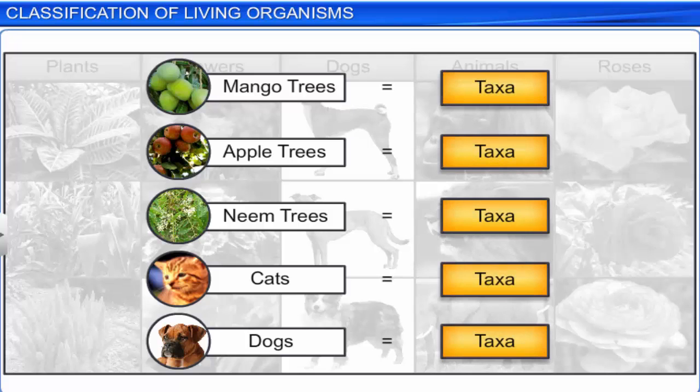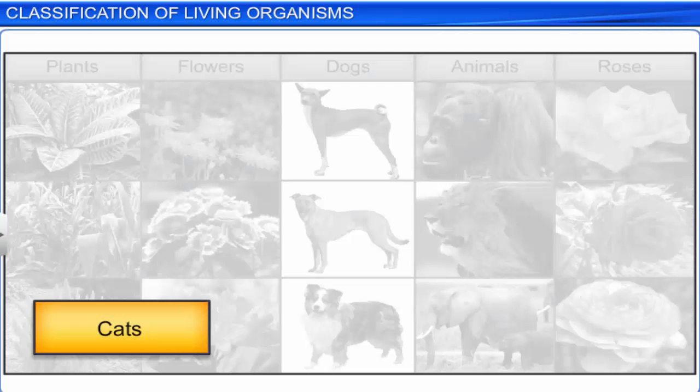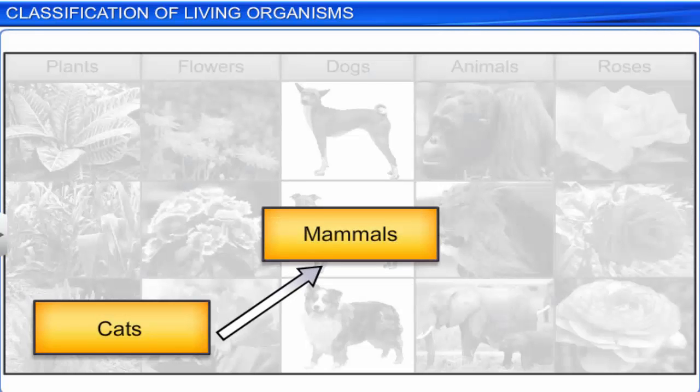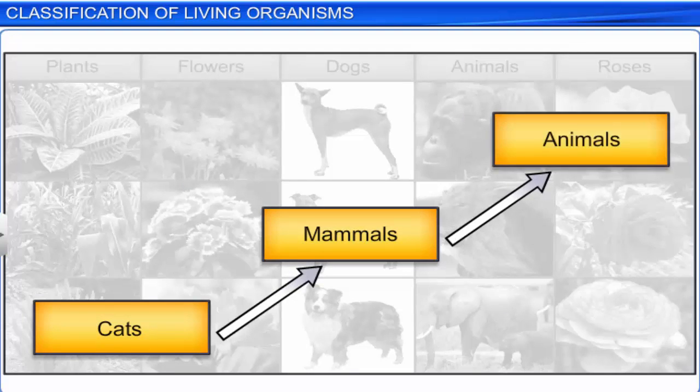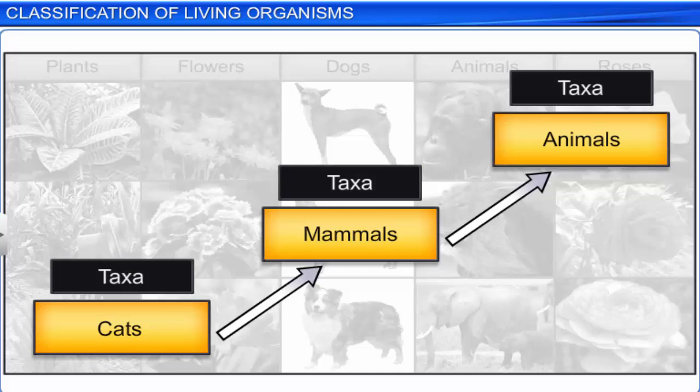Here, each of the groups, namely mango trees, apple trees, neem trees, cats and dogs, are all taxa. However, cat is a mammal, and all mammals come under animals. Therefore, a cat, mammals, and animals represent taxa at different levels.